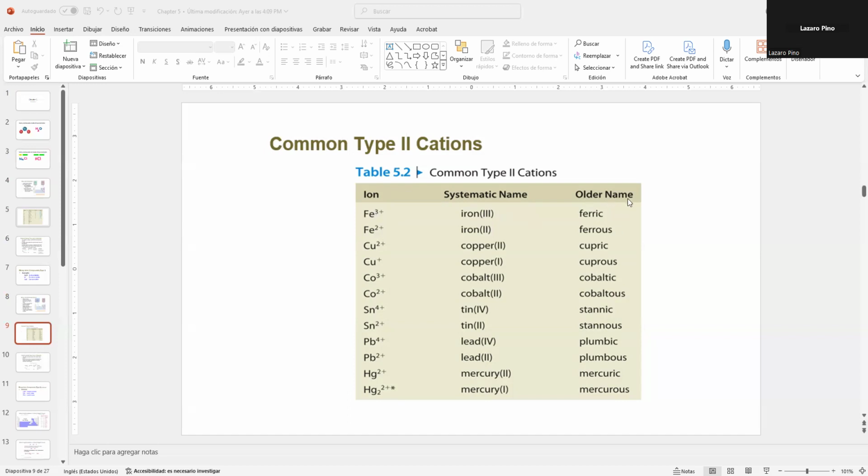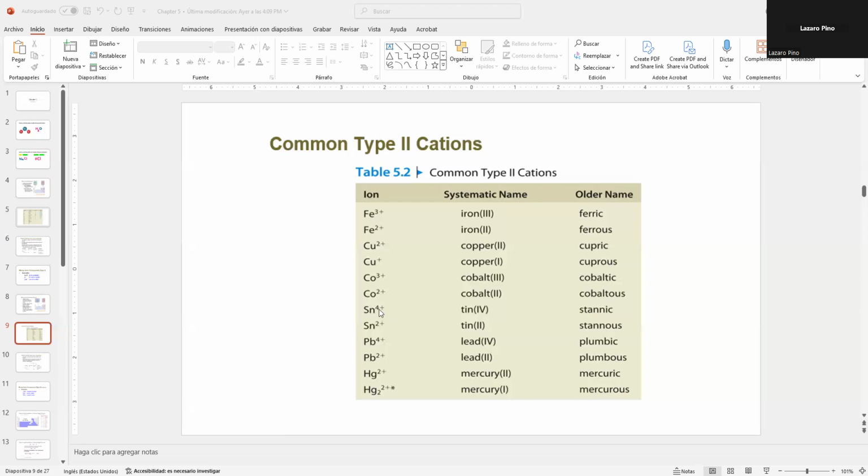The older names were ferric and ferrous for each one, but nowadays we use this nomenclature. I wrote here the older name because sometimes some people use this nomenclature, but this is the current one.